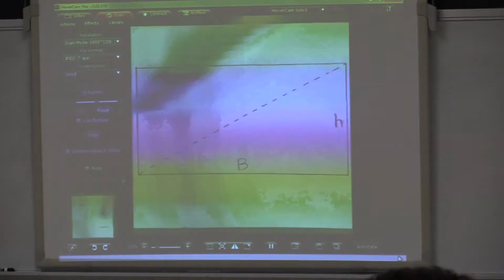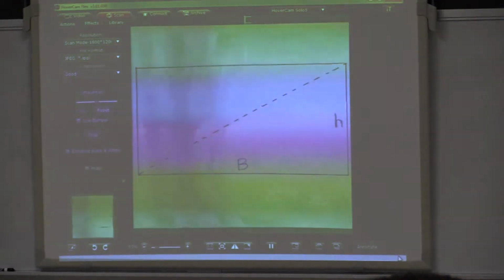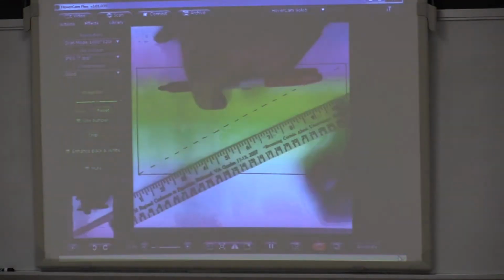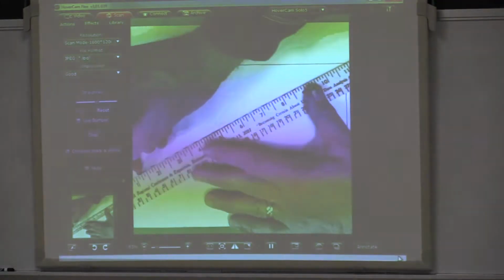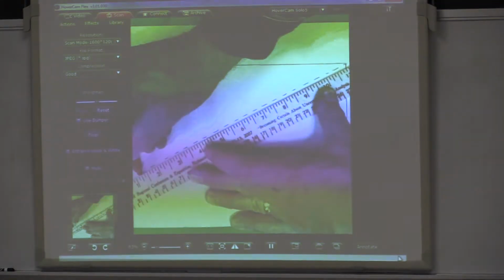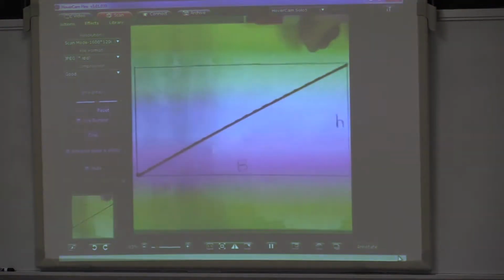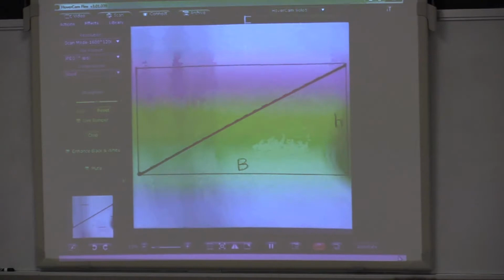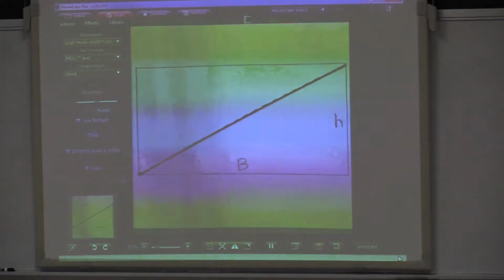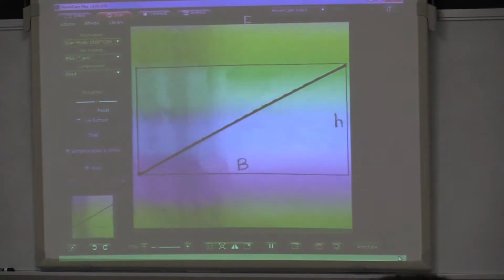I could slice it that way, I could slice it that way. But I've chosen to cut the rectangle in 2 parts by slicing it diagonal. So what I'm telling you, and you guys probably know this, we've cut the rectangle into 2 equal parts, right?